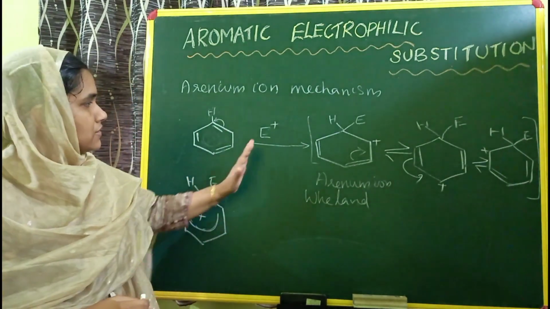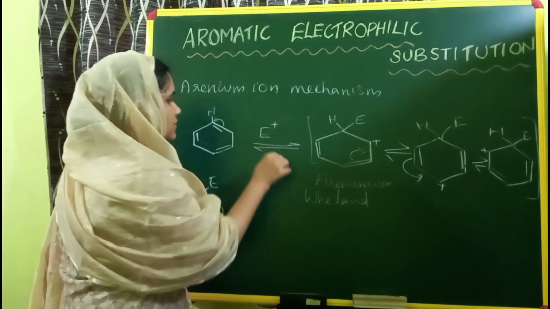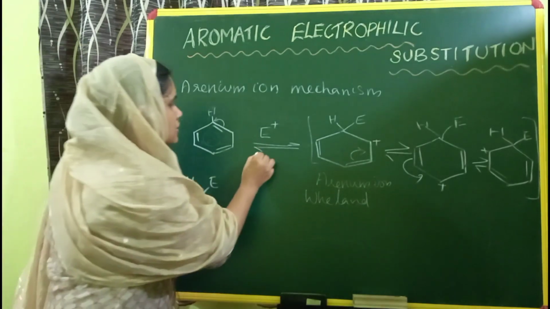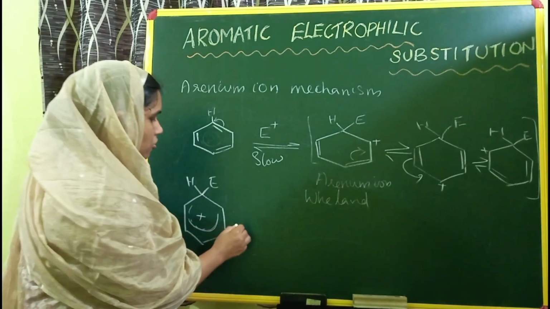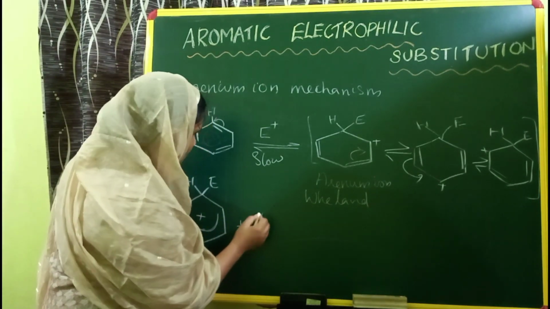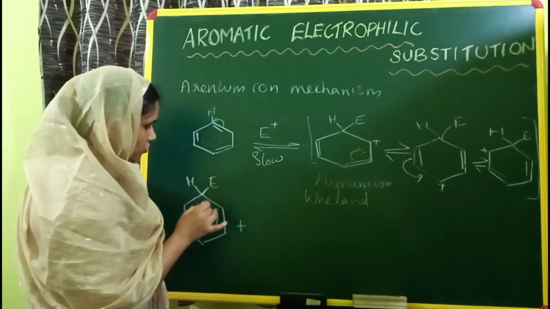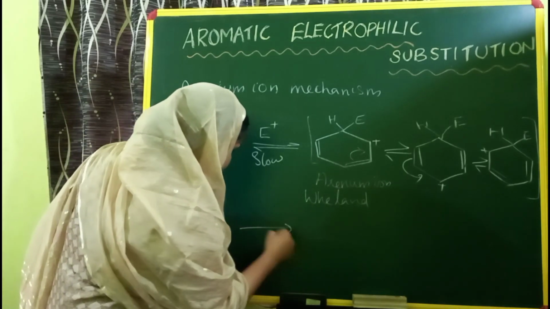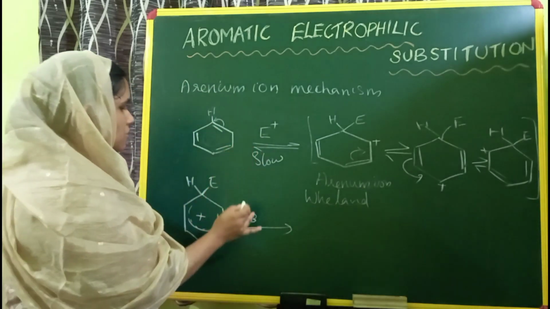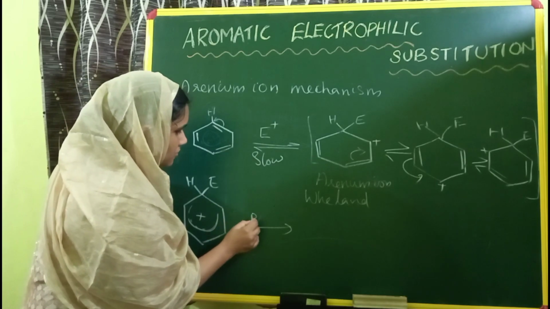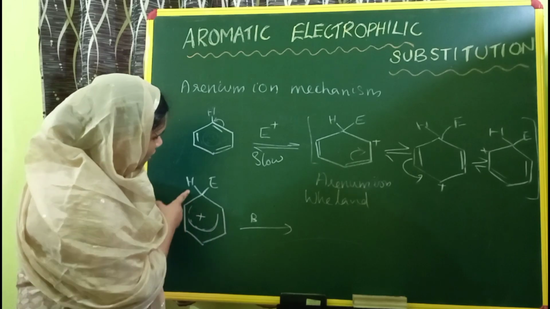This is the slowest step or rate determining step. Usually it is a reversible step. This is the slow step. Then the next step is where the hydrogen is removed by a base. Usually this base is involved in the reagent part.